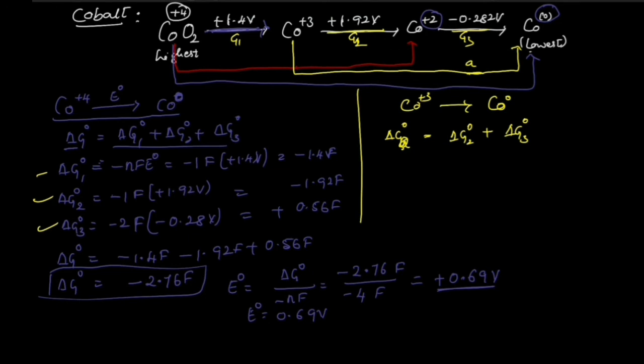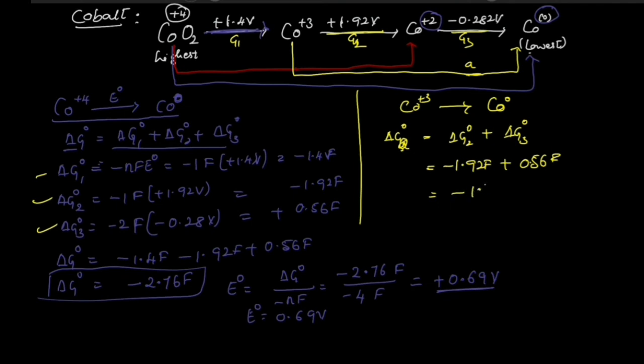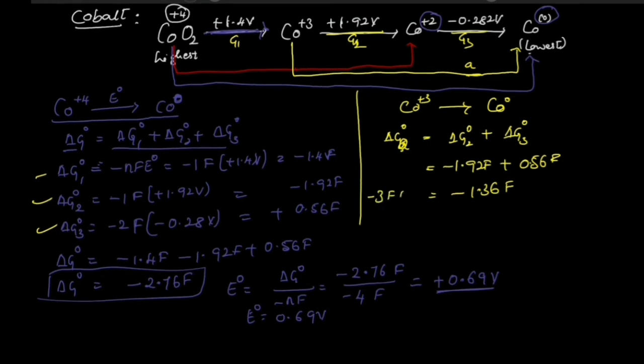You have to consider these two values only: minus 1.92 F plus 0.56 F. You will get minus 1.36 F. How many electrons are involved in this reaction? 3 electrons. That's why minus 3 into F into E naught.